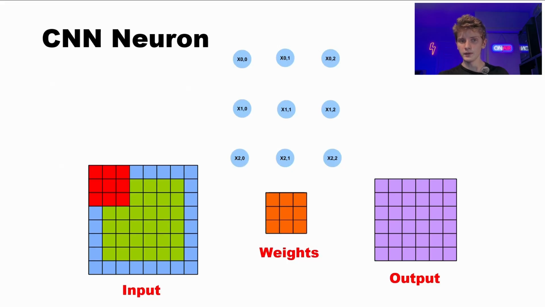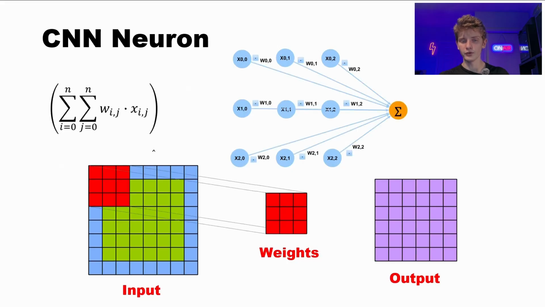Now, if you remember in the previous video, what do we have for each input of our neuron? Well, we have a corresponding weight. So where do our weights come from? Well, in fact, they come from our filter. Remember, when we look at our filter and the patch, each value in our patch of our input image is going to have a corresponding value in the filter. So these are what the weights are.